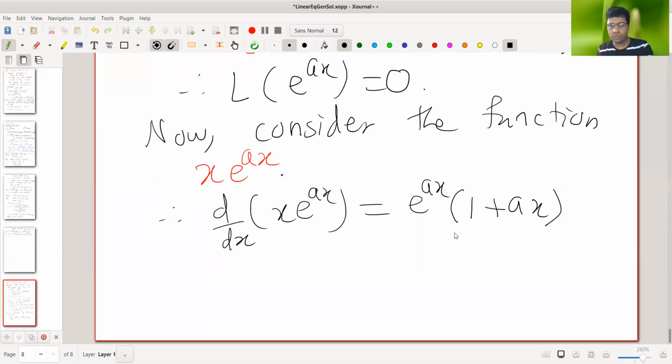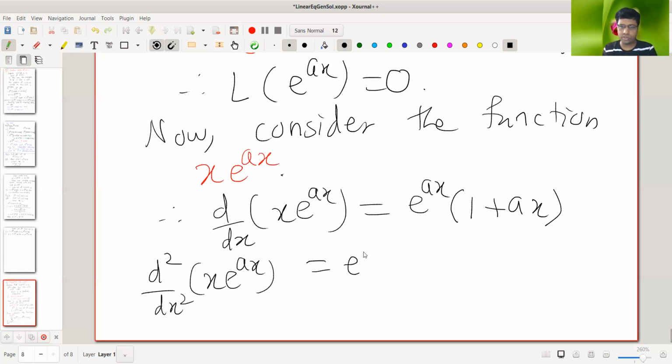Now the second order derivative, d2 by dx square of this term x e raised to ax. Again we need to use the product rule. So e raised to ax is there and the derivative of 1 plus ax is simply a, plus 1 plus ax is there, and the derivative of e raised to ax is a into e raised to ax.